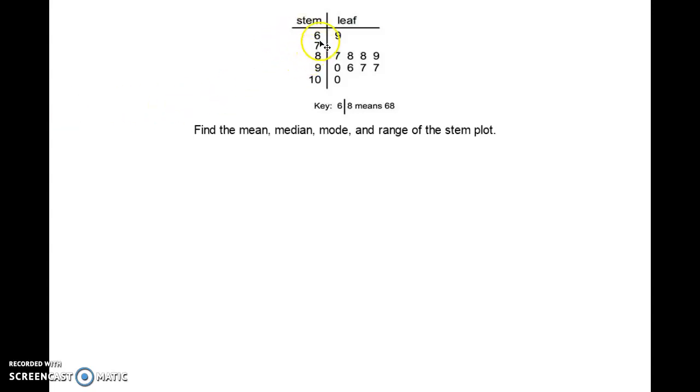So this is a stem and leaf plot where you are given the stem right here, which is usually going to be like the tens column, and then the leaves over here, which are usually going to be like the ones column. But how they're related is going to be given by this key right here.